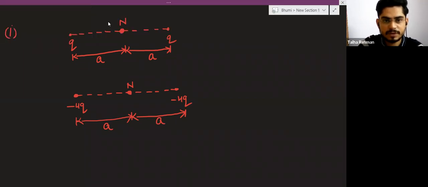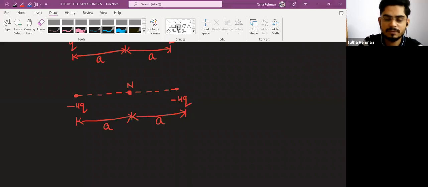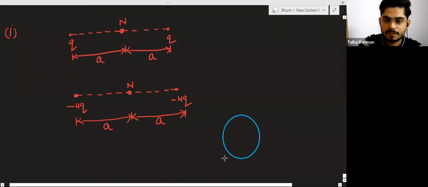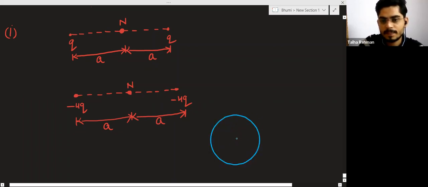I am just giving one example. I have taken a circle, and this is the center of the circle.